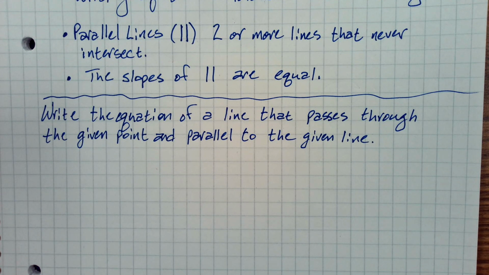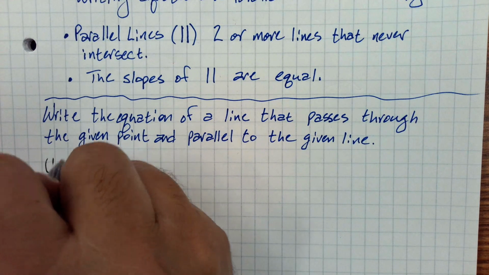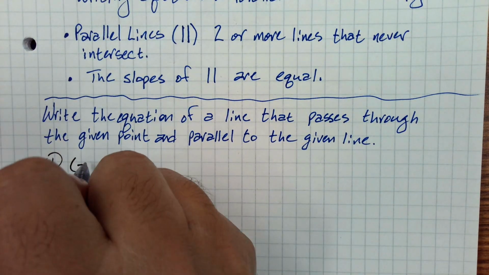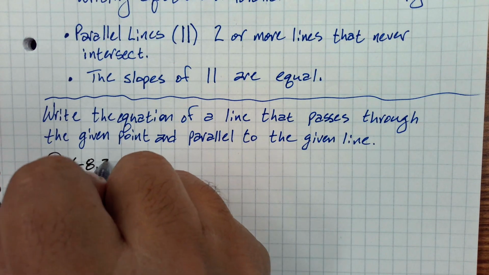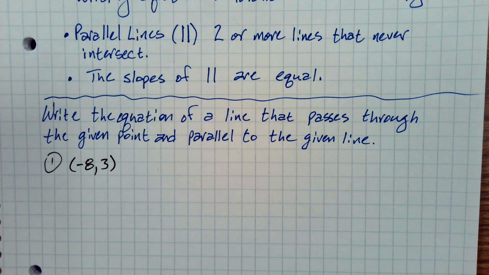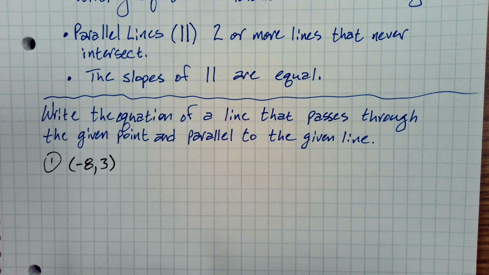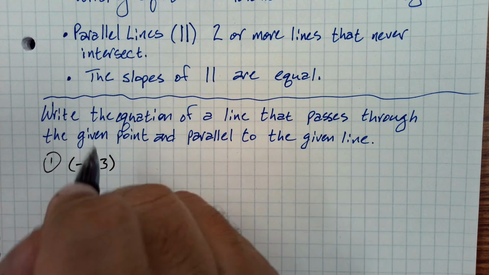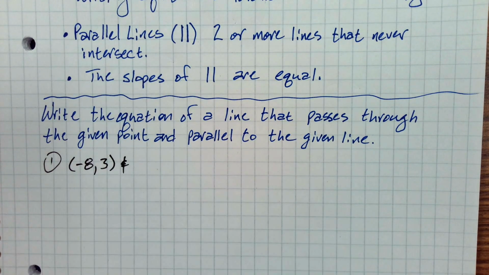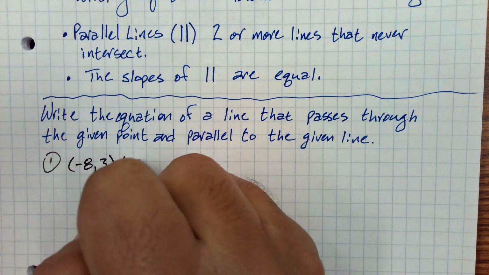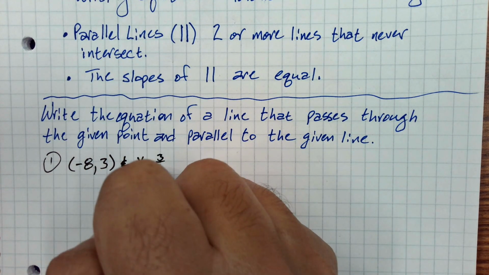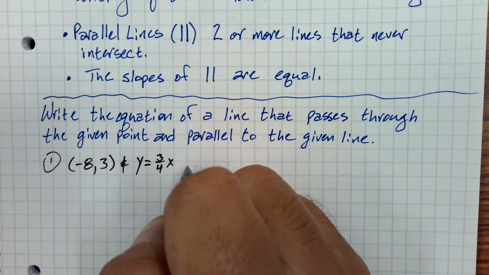Let's start off with something like this. So I'm going to give you a point, a coordinate. And I want a line that goes through this point and is parallel to this line: y equals 3/4 x minus 5.